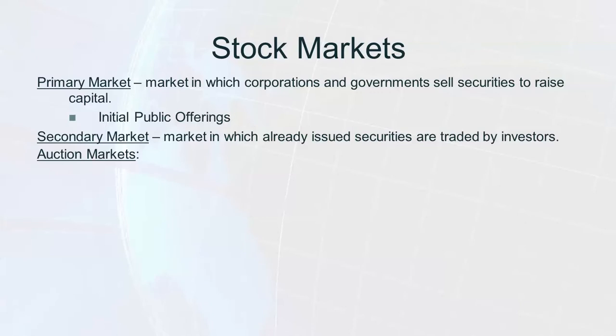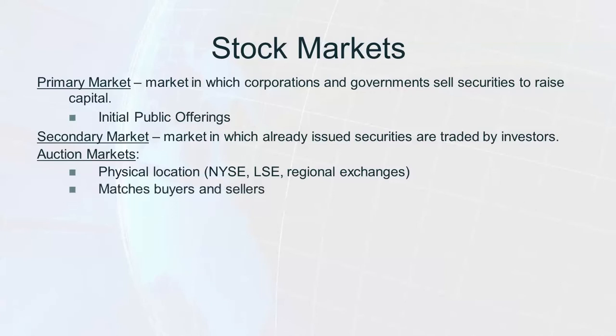So the difference between primary market and secondary market is that the primary market is where securities are issued for the first time by corporations or governments, and the secondary market is the market in which already issued securities are traded by investors. An auction market has a physical location, for example the New York Stock Exchange, and it matches buyers and sellers, and the stock of most large firms trades in auction markets.